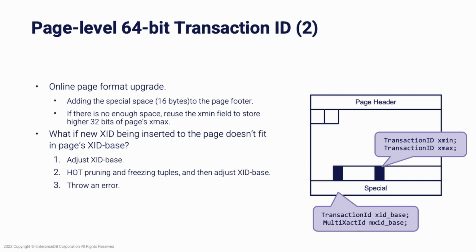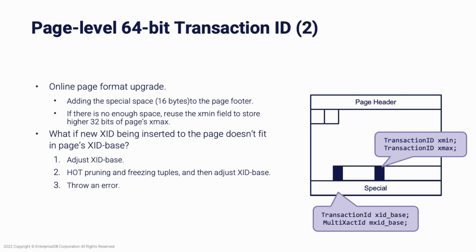The patch supports online page format upgrade. That is, the Postgres server can run with the old page format as well as the new page format. And when modifying an old format page, it tries to upgrade the page format to the new one on the fly, specifically by adding 16 bytes to the page footer, the page special area.